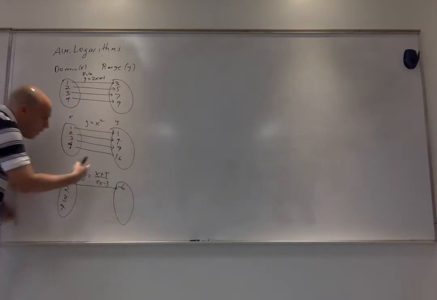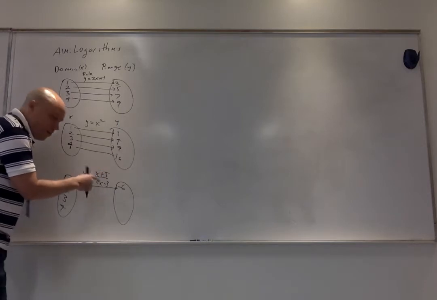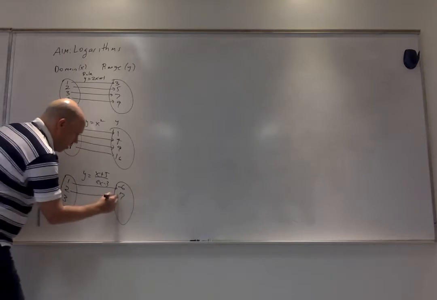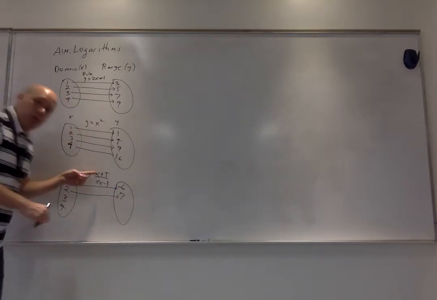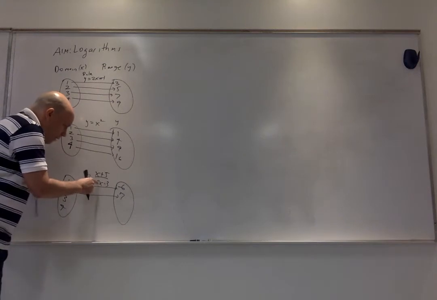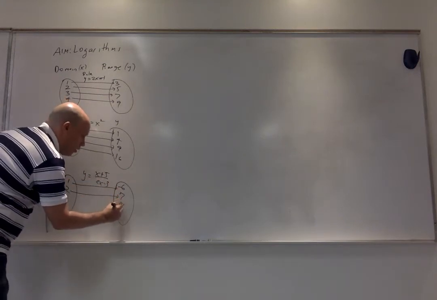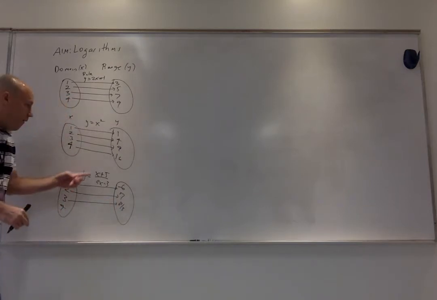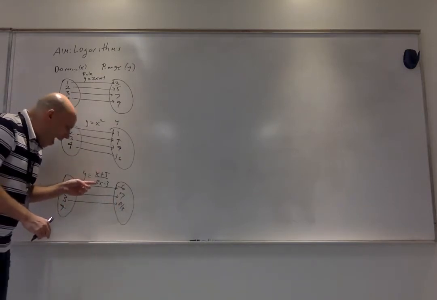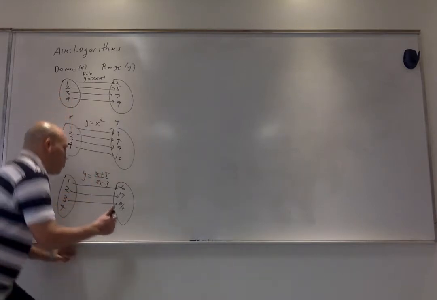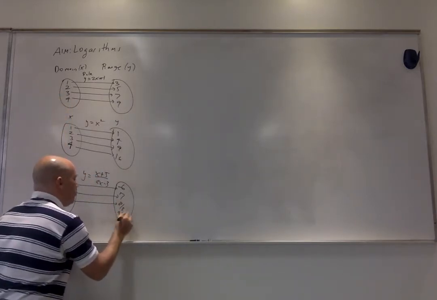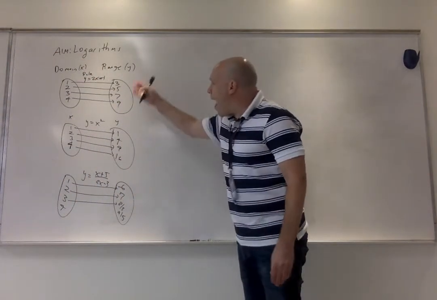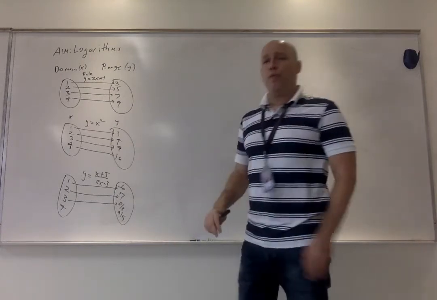For 2, 2 plus 5 is 7, and 4 minus 3 is 1, so 7. For 3, it's 8 over 6 minus 3, 8 thirds. And for 4, 4 plus 5 is 9, and 8 minus 3 is 5, so 9 fifths.